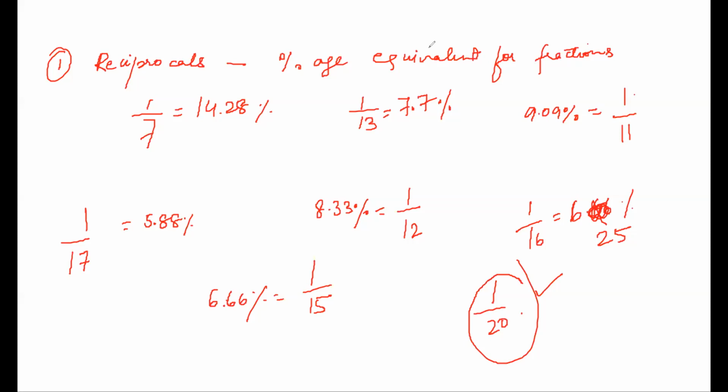From 1 by 1 to 1 by 20, you should be able to write all of them on a piece of paper inside 30 seconds. If you want to perform as a cream, that means a top percentiler, you should be able to write them inside 30 seconds. That way you can check your preparation level.